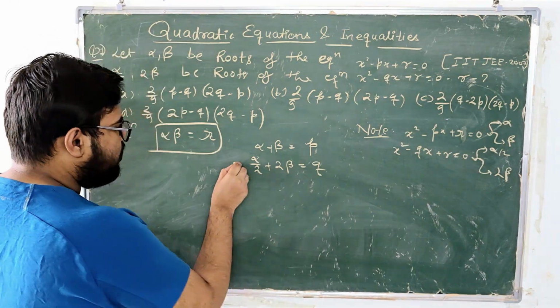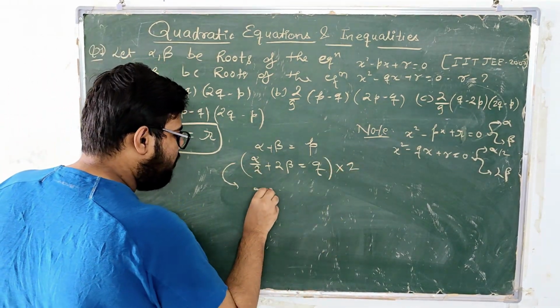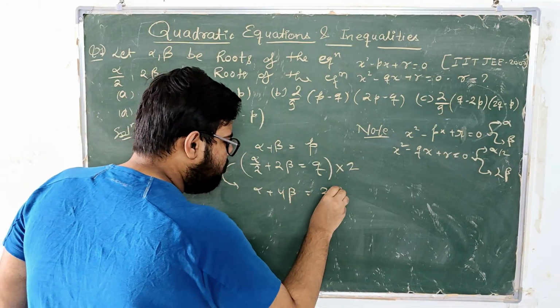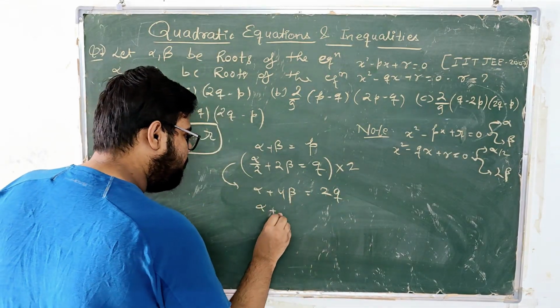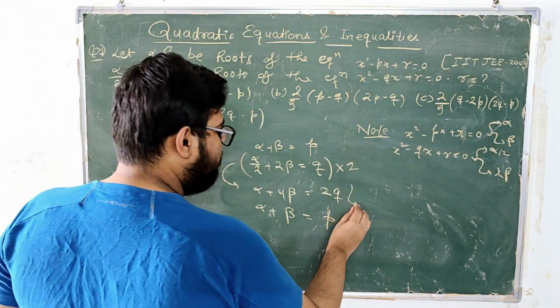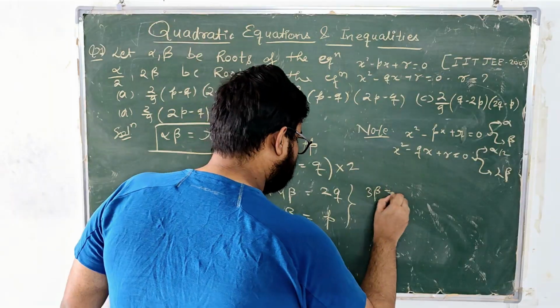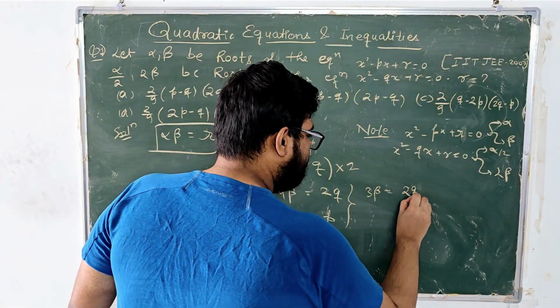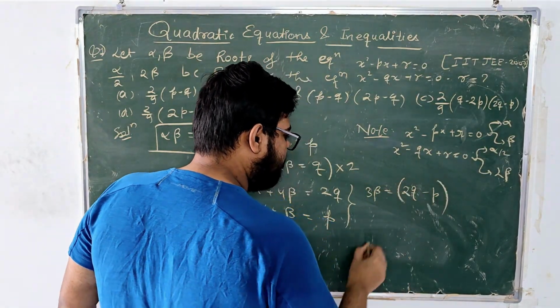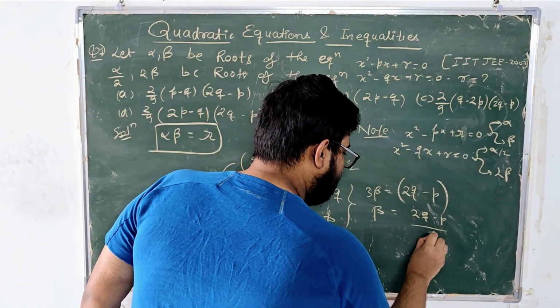Let's multiply this equation by 2. So you will have alpha plus 4 beta is 2Q and alpha plus beta is equal to P. Just subtract these equations and you will get 3 beta is equal to 2Q minus P. So beta is equal to 2Q minus P by 3, correct?